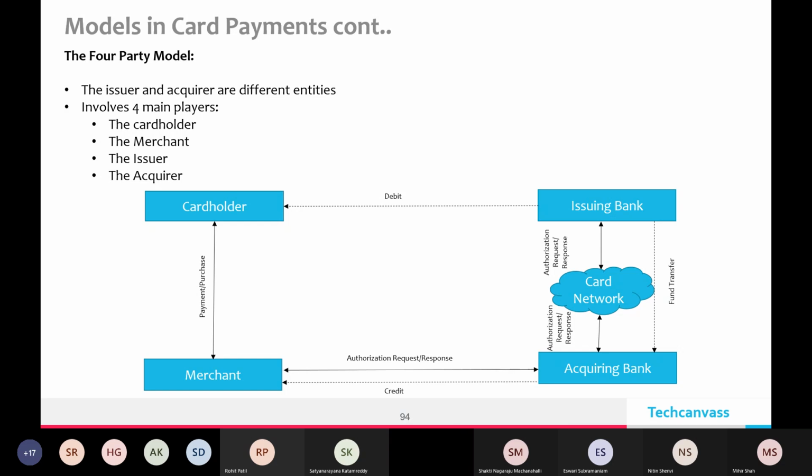It's also called a PAN, Primary Account Number, in ISO 8583 terminology. Based on the card number, it identifies which bank has issued the card, routes it to that bank, and waits for that bank's response.